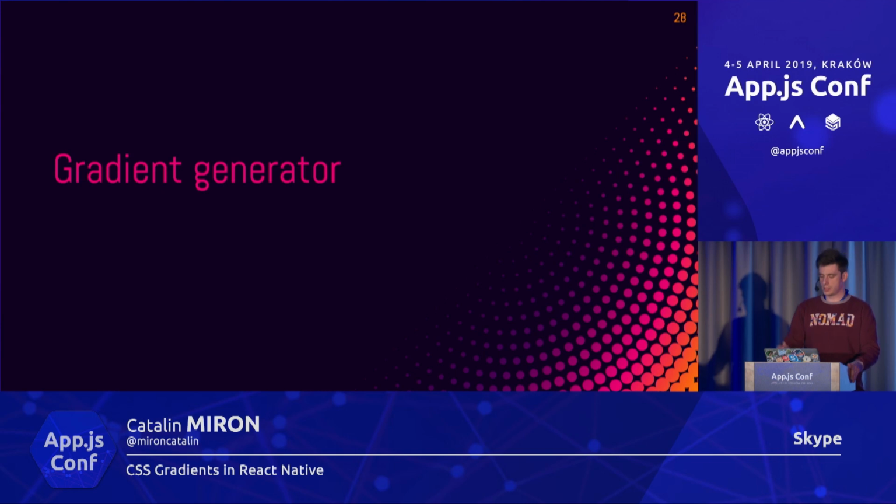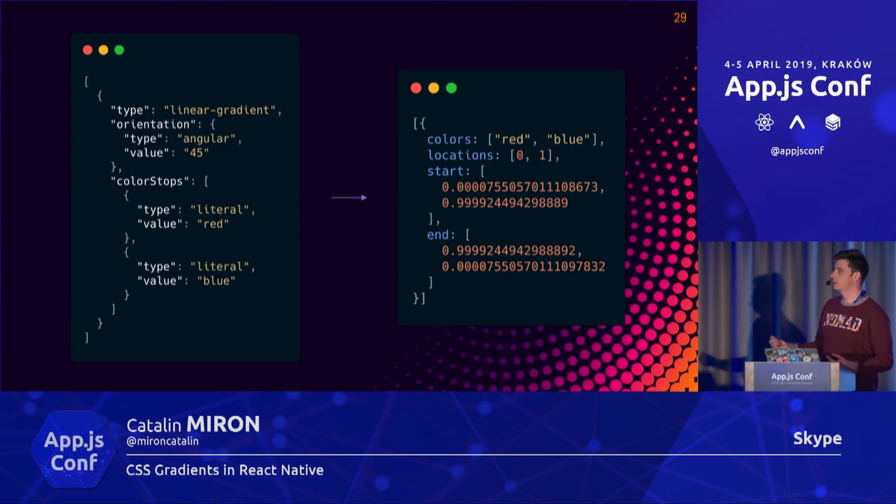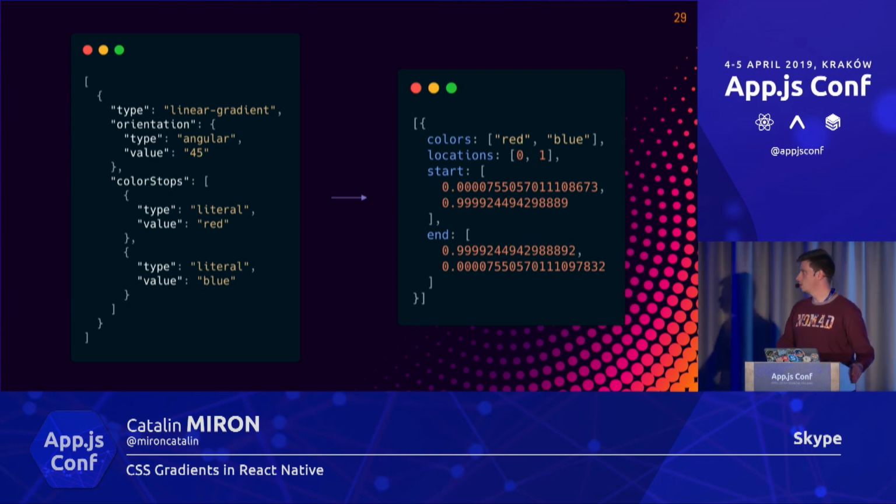Based on this, the gradient generator comes into place. The gradient generator is a set of methods that is going to get that output of the gradient parser and expose a set of props that the linear gradient understands. So in our case, this 45 degrees is going to calculate and generate the set of properties that you can find here on the screen, which you cannot do properly, not even with a calculator, I think.